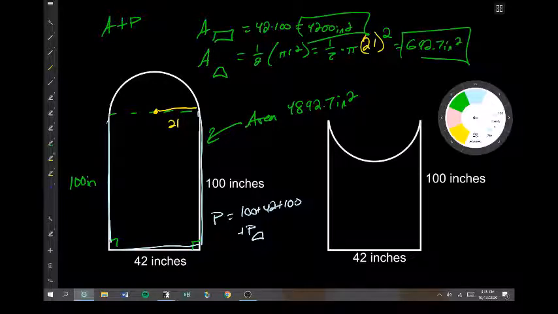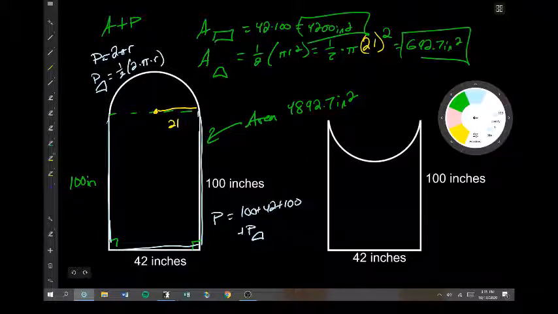Okay, well, how do I find the perimeter of a half circle? I know the perimeter of a whole circle is 2 times pi times r. So the perimeter of half a circle, I'll draw that half circle better, is 1/2 times 2 times pi times r. And 1/2 times 2 times pi times r is actually just pi times r.